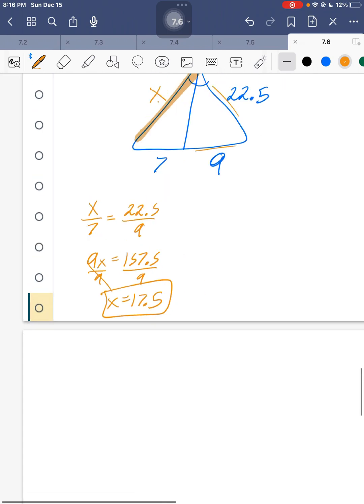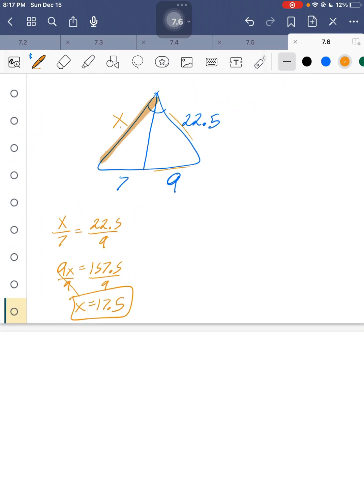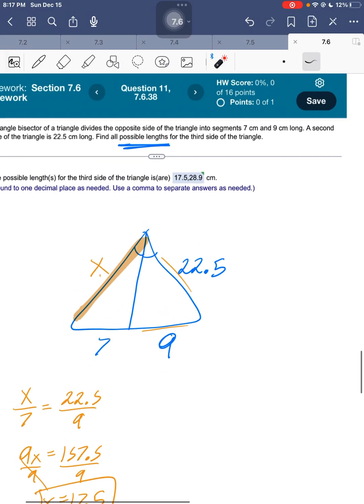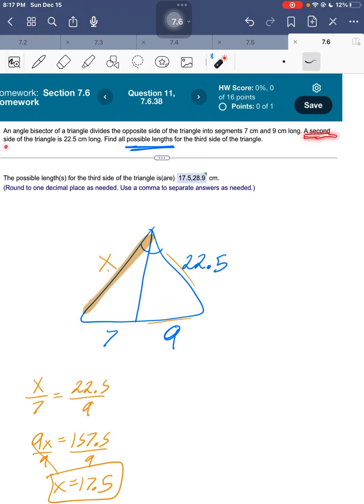That divided by 9 is going to be x equals 17.5. So that is one of my answers. That is my answer when this 22.5 is proportional to the 9.